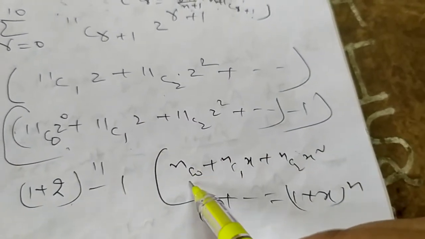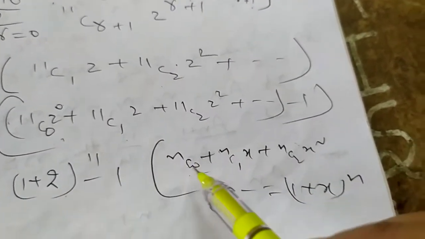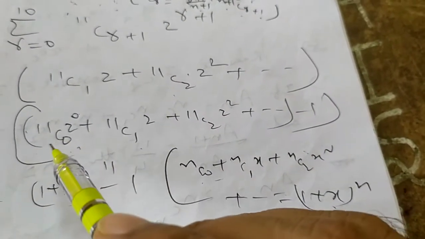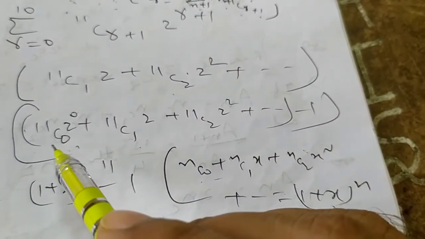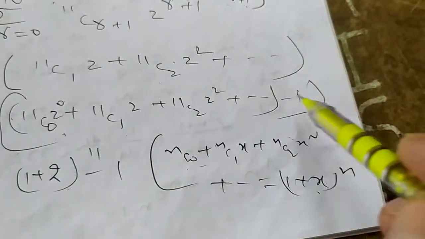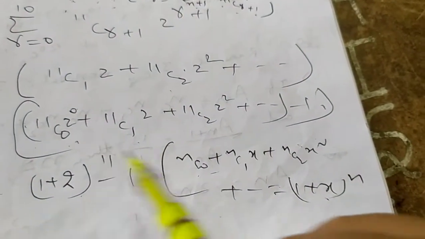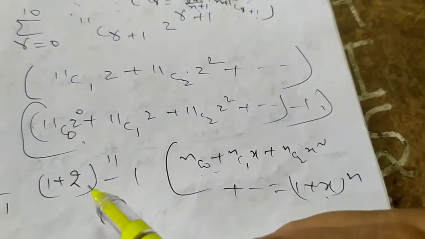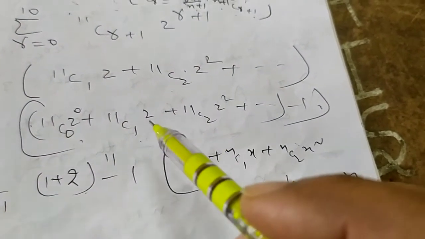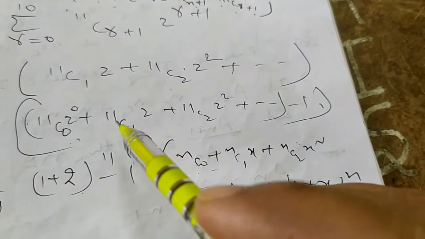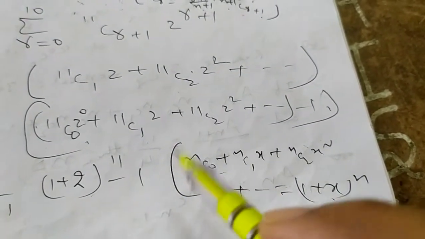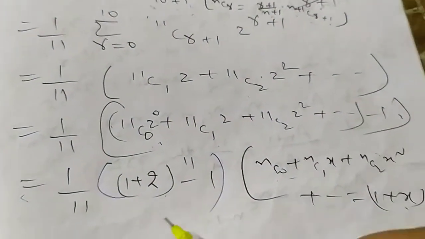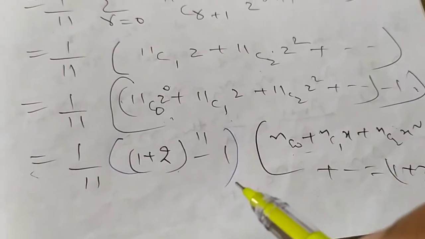So there is no first term nC0. So to apply this formula I add and subtract this term. The value of 11C0 is 1, 2 power 0 is 1. Finally its value is 1. Now by using this formula, the sum of these terms equals 1 plus 2 whole power 11, in the place of x here 2, in the place of n here 11. So 1 plus 2 whole power 11 minus 1. With 1 by 11 in front, therefore the answer is 1 by 11 into 3 power 11 minus 1.